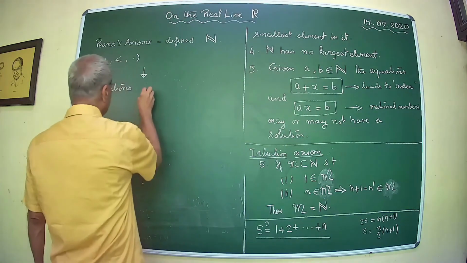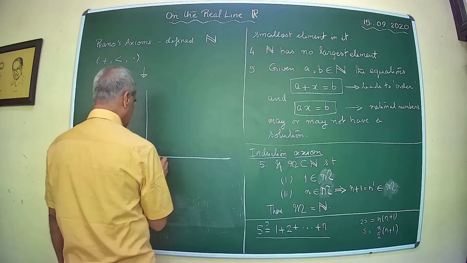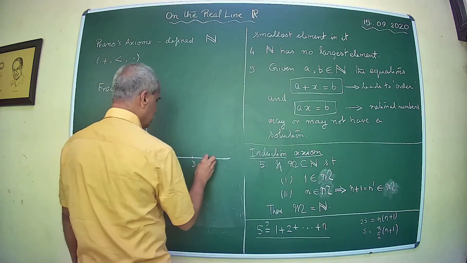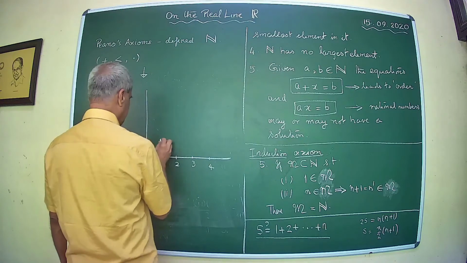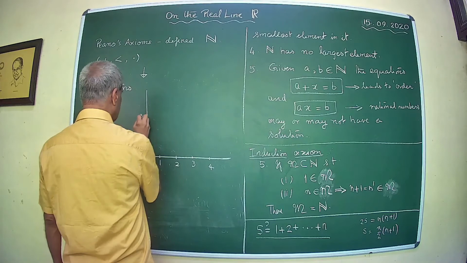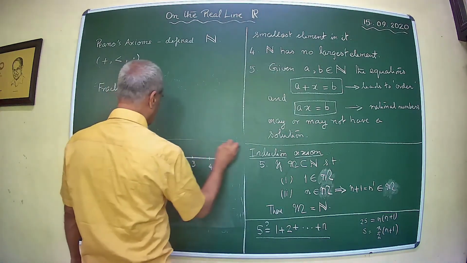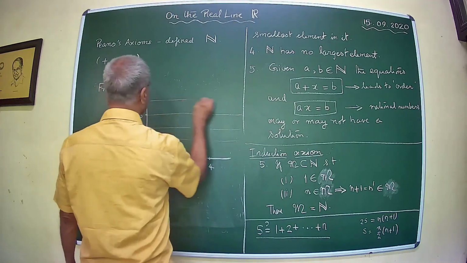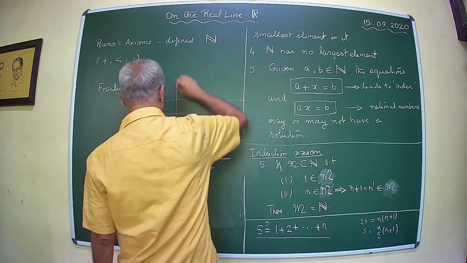Fractions were identified as I was pointing out yesterday: 1, 2, etc. Then 1, 2, etc. Just take a graph paper and do this. That's very interesting. In fact, it's nice to work this out.